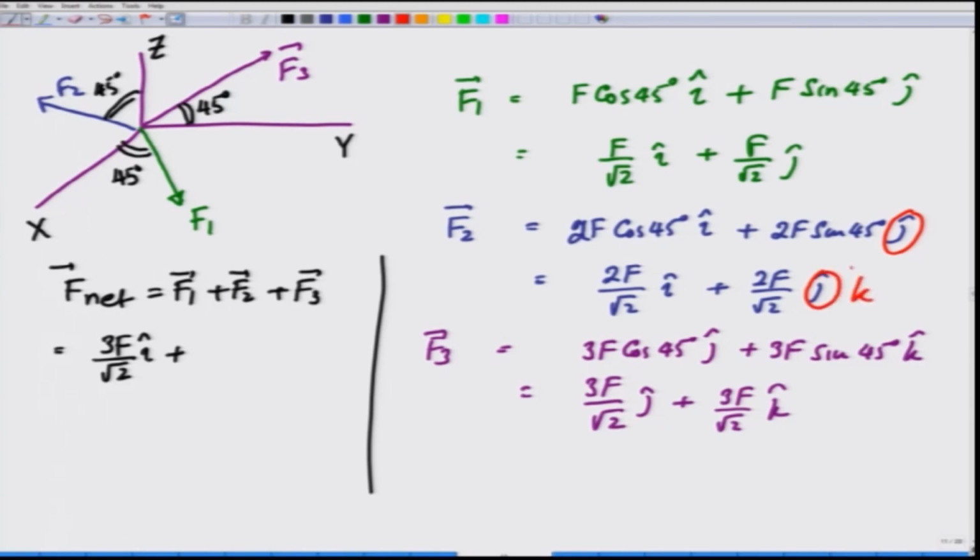So, let me correct this, this is in the k direction. So, the j component is f plus 3f, 4f by root 2 j, plus k is this and this, 5f over root 2 k. So, that is my net force.